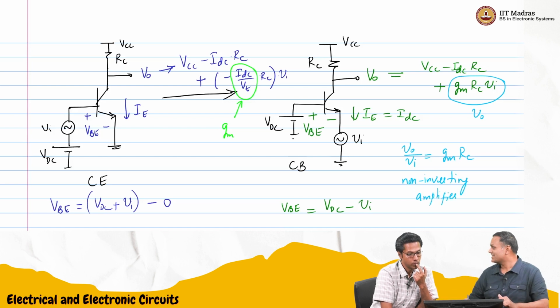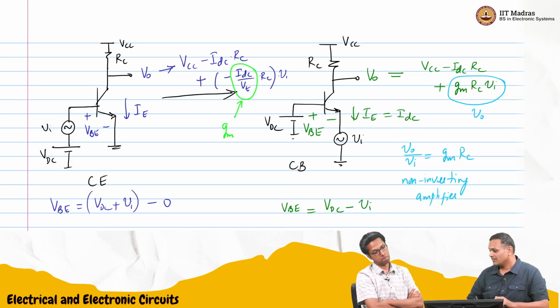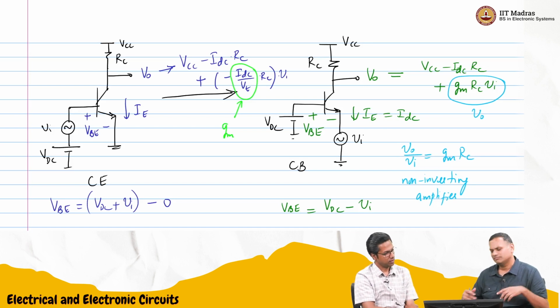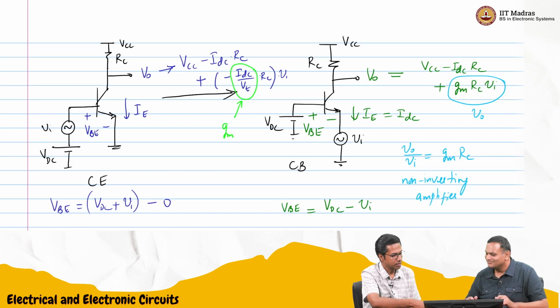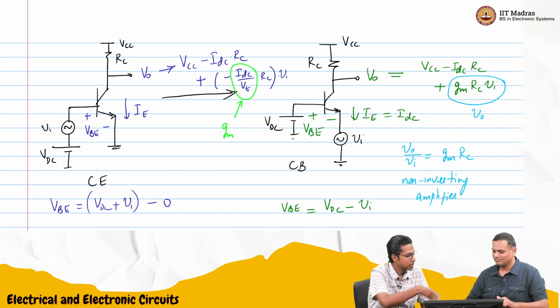The common base amplifier is a non-inverting amplifier. The gain magnitude-wise seems to be the same as what you get here, because GM and RC are with us; we decide. That's GM, once we decide the current, or now it is VDC.